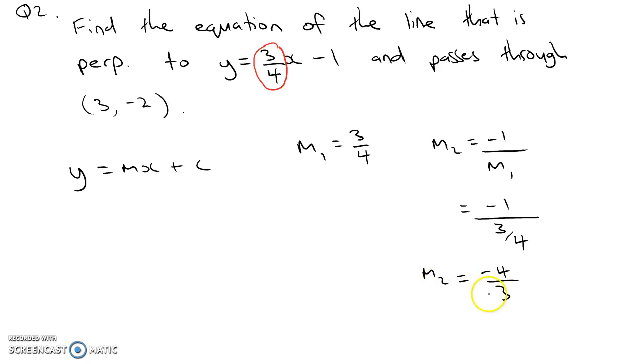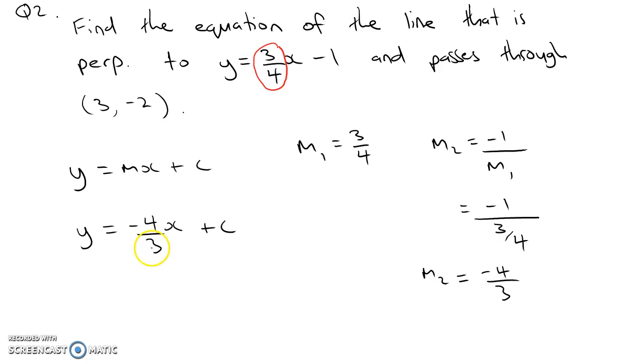And if we substitute this back into our gradient intercept form for a line here, we know y equals -4 over 3x plus c. So all I've done so far is found the gradient of the second line.